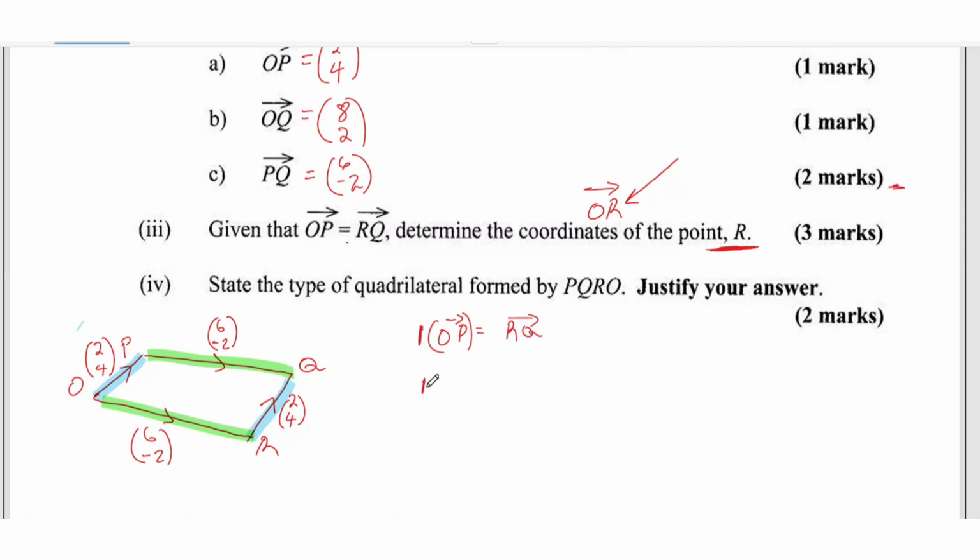Also, if I use 1 to multiply by PQ, I end up with OR. So we're noticing parallelism here. So opposite sides are parallel because one is a factor of another. So with this, we know that the opposite sides are parallel. And secondly, we are looking at the same numbers too.